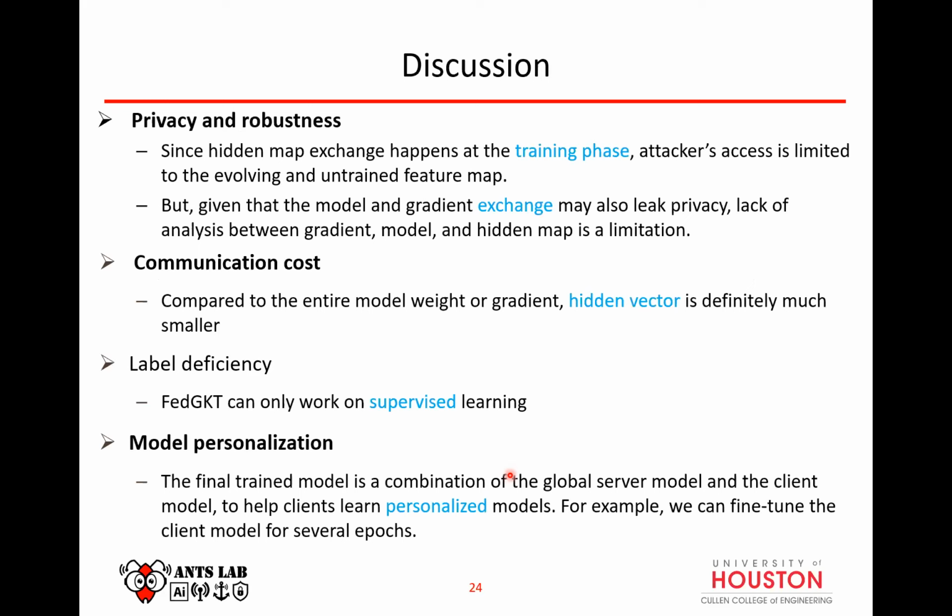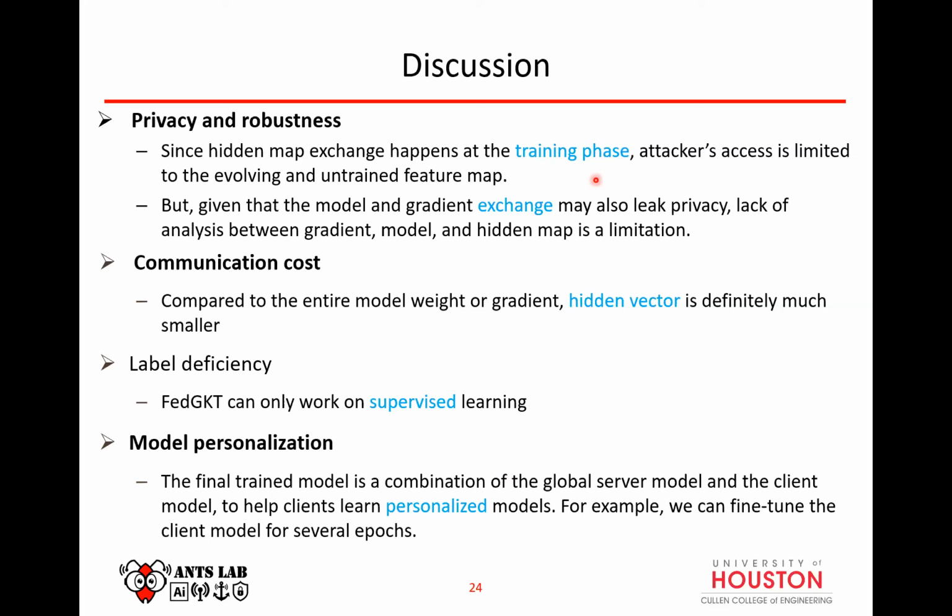I also have a small discussion pertaining to the methodology here. One is about the privacy and robustness. What the authors argue is that since the hidden map exchange happens instead of the gradient or the model update, and also because it happens at the training phase, the attacker's access is kind of limited to this evolving and untrained feature map.